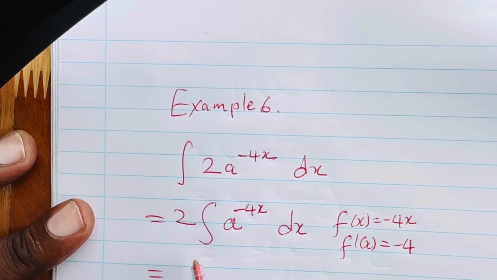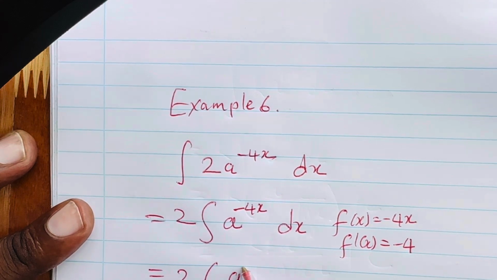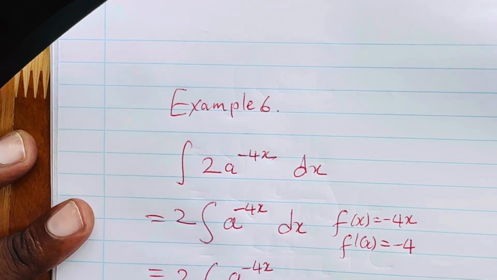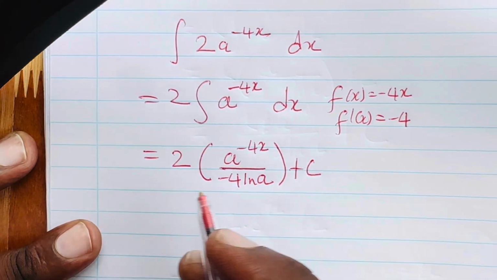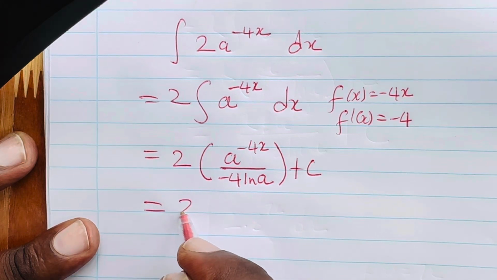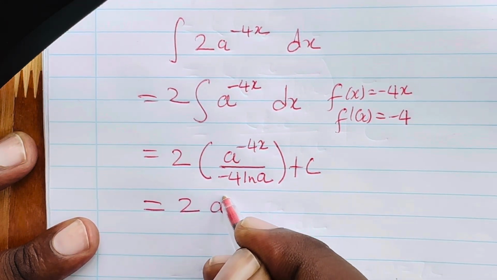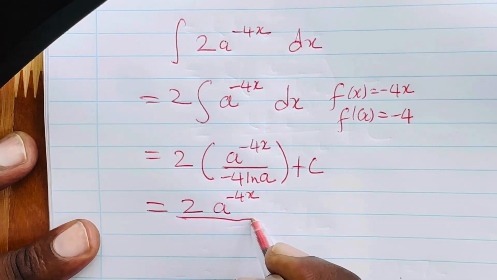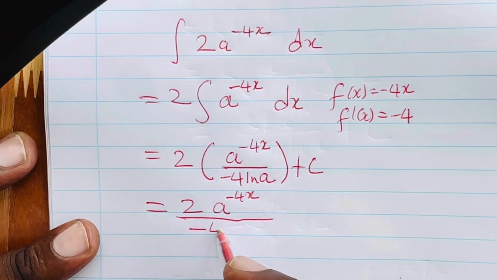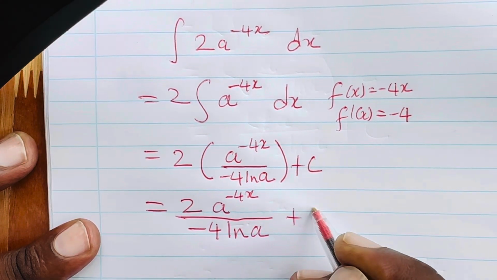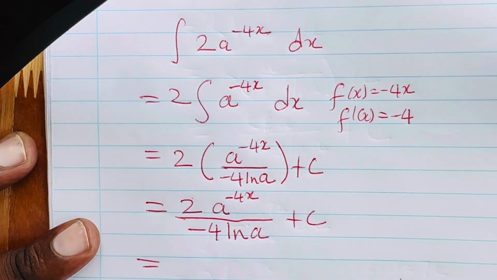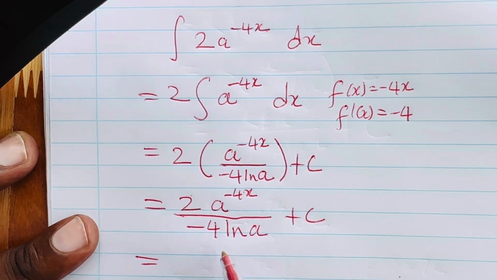Now we start integrating, so we have 2 into a raised to the exponent of negative 4x divided by negative 4 ln of a, plus c. That is 2a raised to the exponent of negative 4x divided by negative 4 ln of a, plus c. 2 goes into 2 once, and into 4 twice.